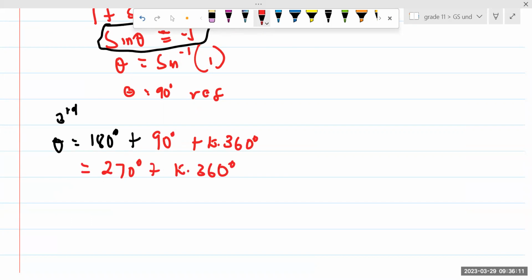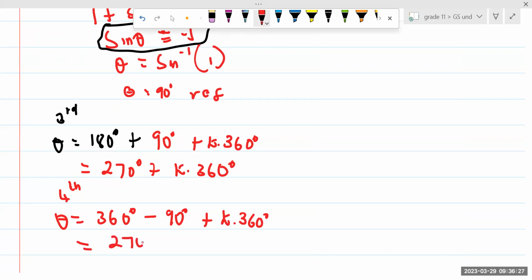Where else is sine going to be negative? Okay, fourth quadrant. For the fourth quadrant, theta is going to be equal to 360 degrees minus 90 degrees plus k multiplied by 360 degrees, which is going to give us 270 plus k multiplied by 360 degrees.